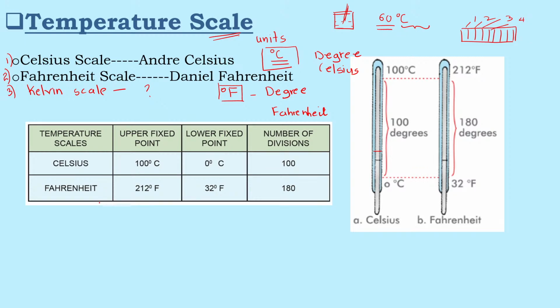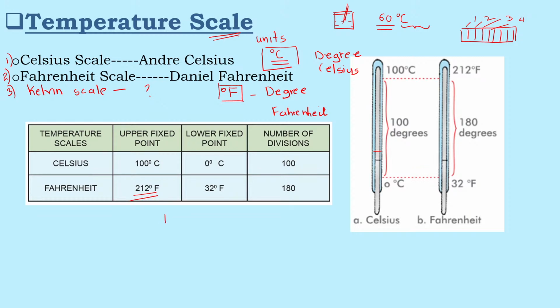In Fahrenheit it is slightly different. When Celsius is 100, how much is Fahrenheit? Look at the number given in the table. It is 212 degree Fahrenheit.